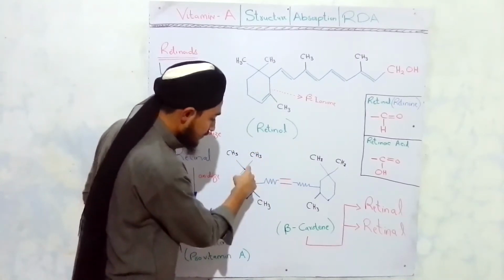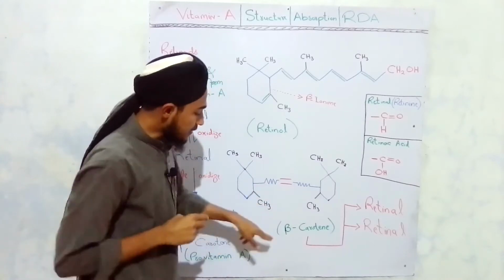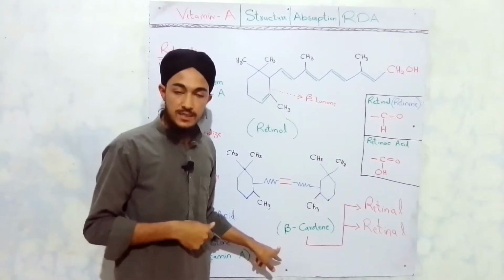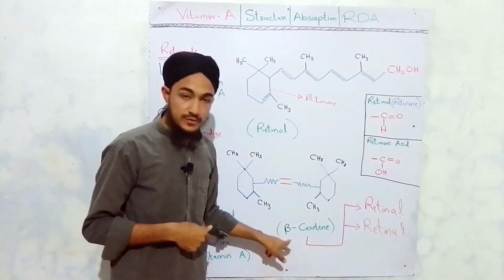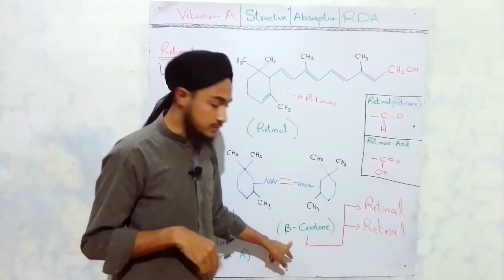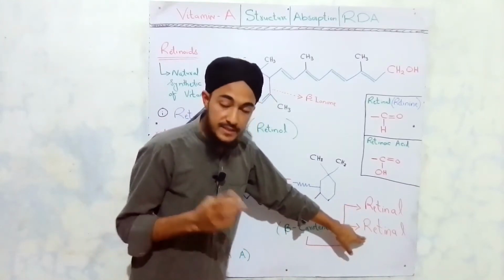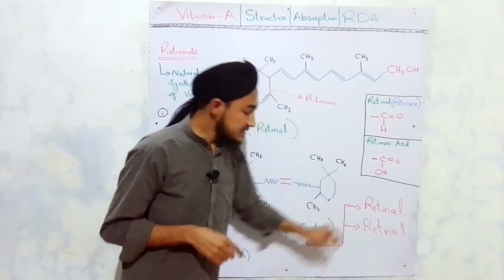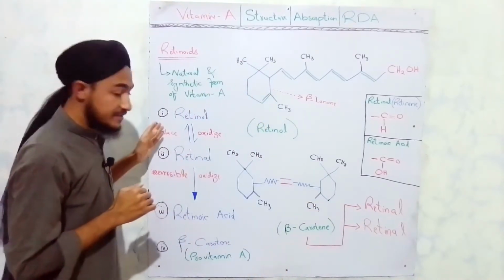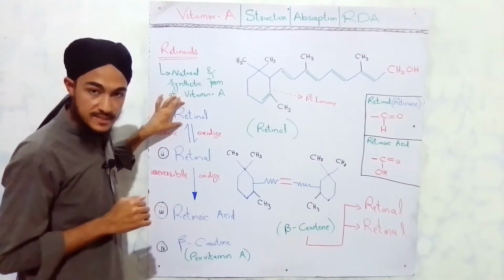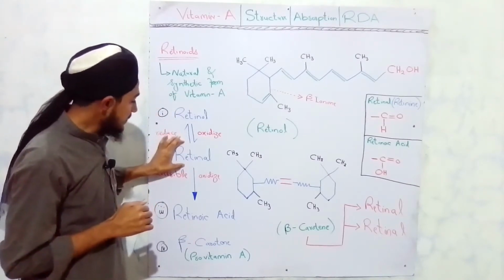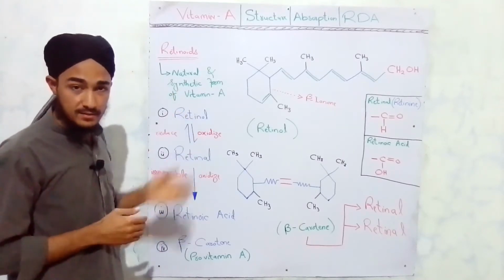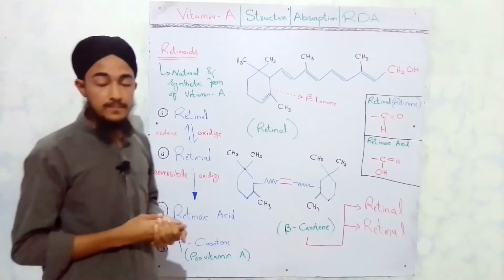So this is the structure of beta carotene, and when this beta carotene reaches the intestinal mucosal cells, then in the intestinal mucosal cells this beta carotene is cleaved to two compounds, one retinal and another retinal. Then these retinals get reduced to retinol in the intestinal mucosal cells. This retinol is the form of retinoids that are the provitamins of vitamin A.